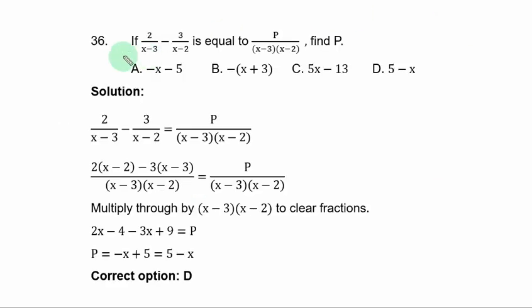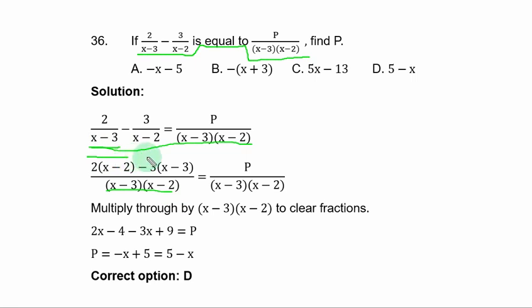Question 36. If 2 over s minus 3 minus 3 over s minus 2 is equal to this, find P. The two expressions are equal. So let us find the LCM of the left hand side so that we can simplify it. The LCM is the product of the two factors. If you divide the LCM by the first factor multiplied by 2, you have this result.